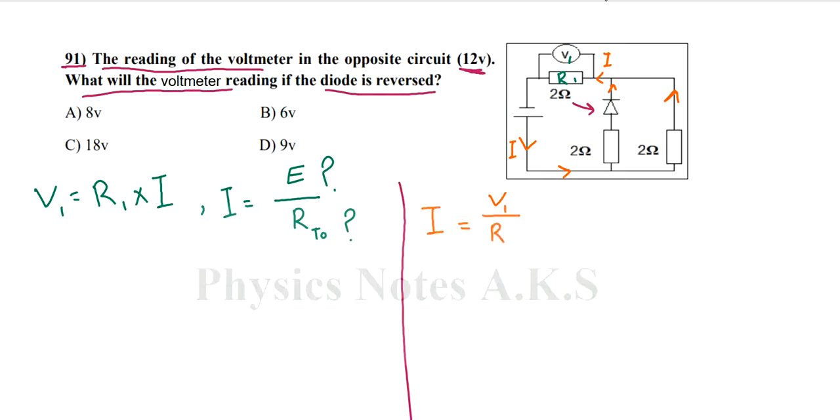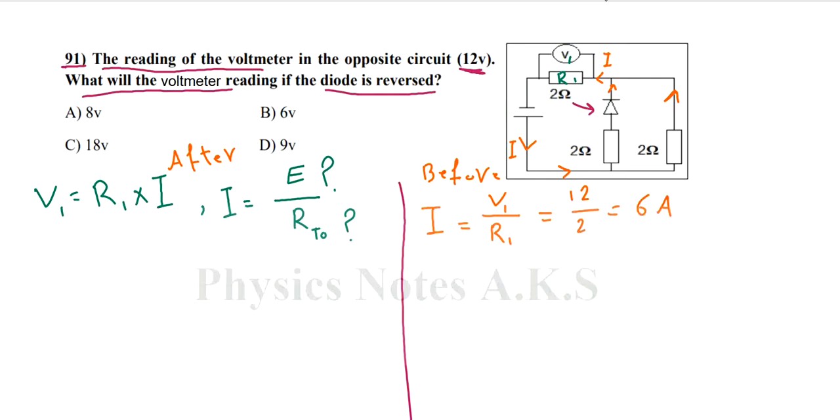Remember, here we are solving before reversing. Here in this side it's after. So the current is 12 by 2, which is 6 ampere.